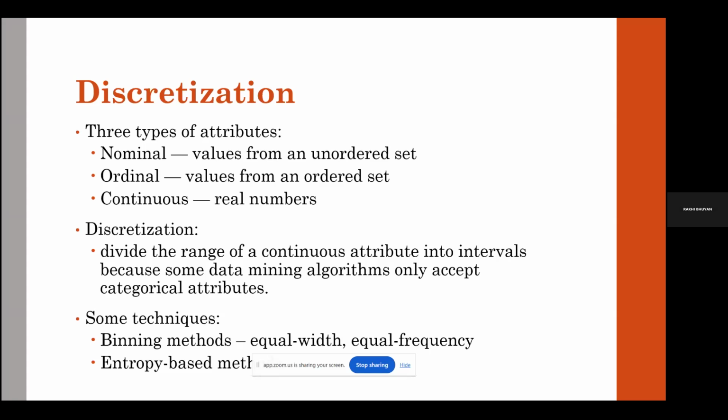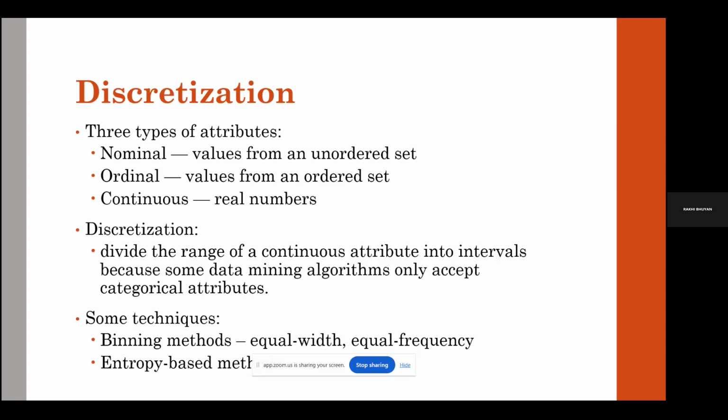Why do we use discretization? We use discretization because some machine learning models work only with categorical data, or it makes data easier to understand, or it helps in classification and reduces complexity.